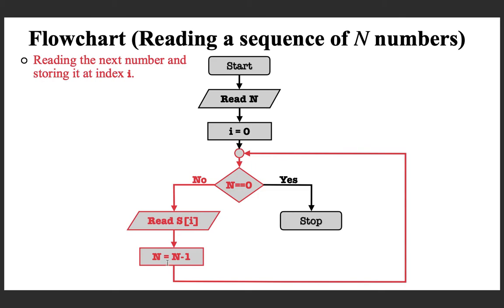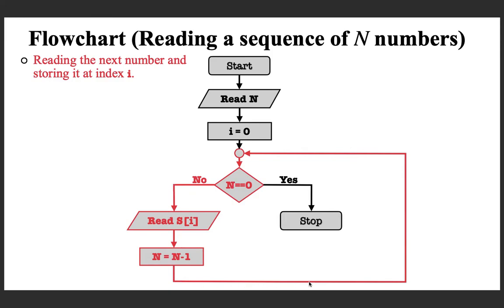Sorry for that mistake. Here I should also say I is equal to I plus 1. I'll change it. Sorry for the mistake in this slide. So I need n is equal to n minus 1 and I is equal to I plus 1. And then I'm going back, checking whether I need to read any more numbers. If I have to read any more numbers, n should not be 0.